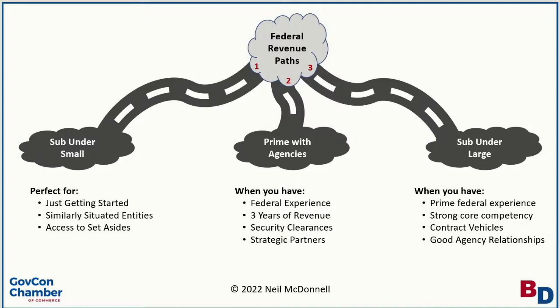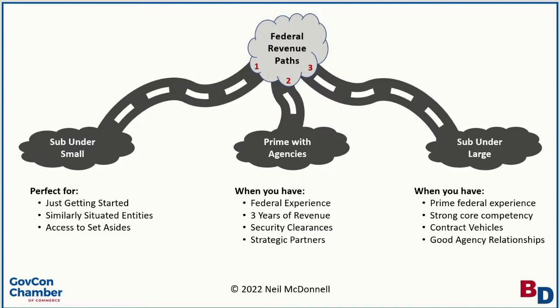I did a whole other video and you can find that training, that talks about the idea of having 8 strategic partners. And when you make those strategic partners focus towards the agency you want to go into, not only will you be ready, right, the top 3 bullets, to knock on the door of the agency and prime, but those strategic partners will be able to subcontract under you and help you win, right?